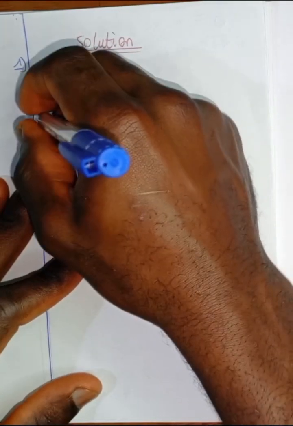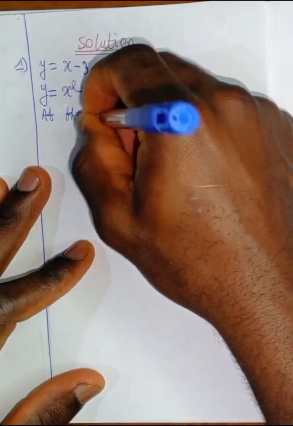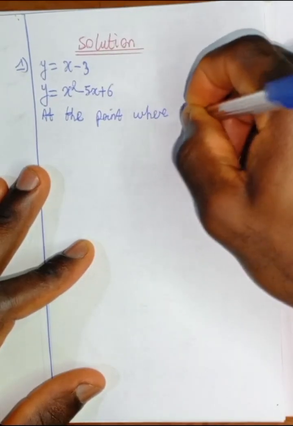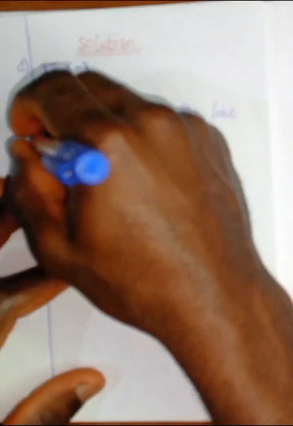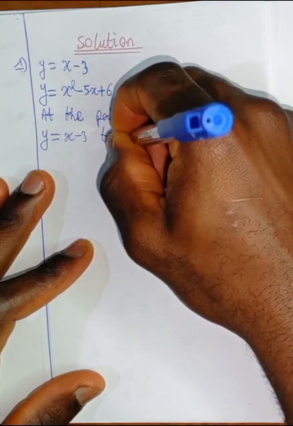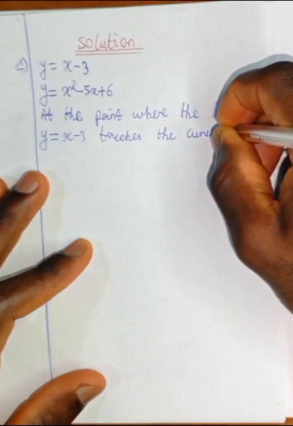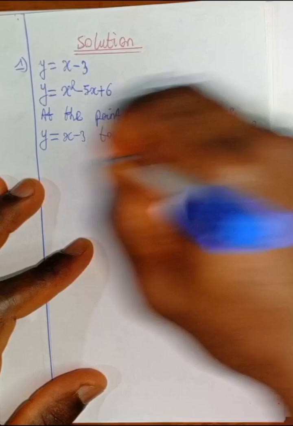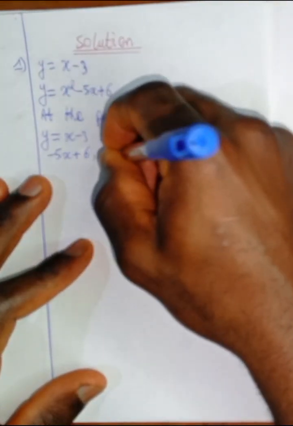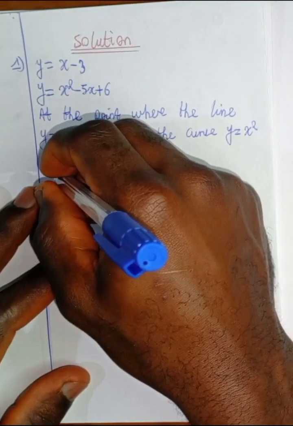That is, at the point where the line y equal to x minus 3 touches the curve y equal to x squared minus 5x plus 6, we have the line will be equal to the curve.